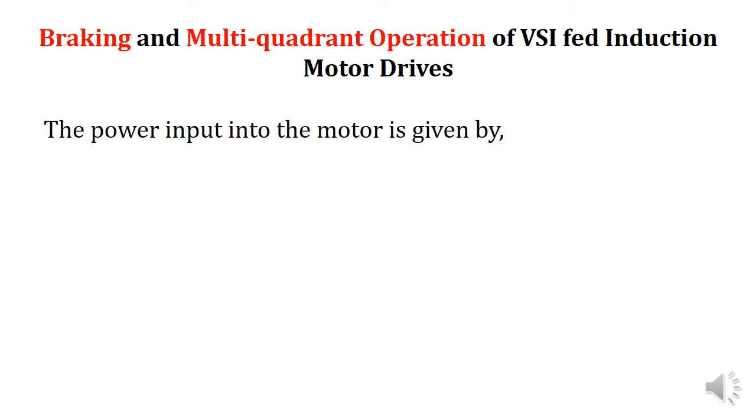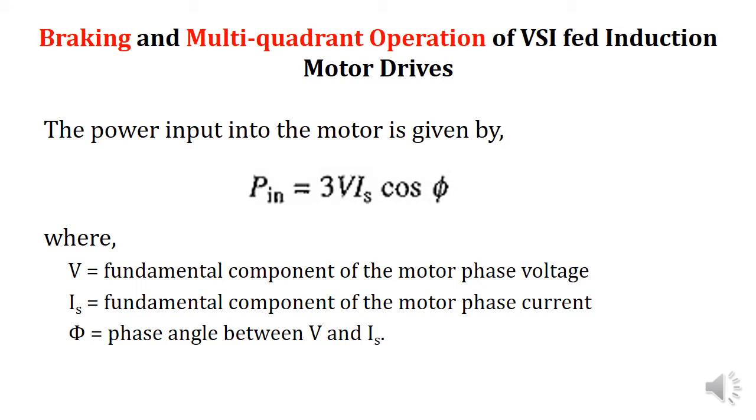The power that is fed into the motor, that is the stator of the induction motor, is equal to Pin equal to 3 V IS cos phi, where V is the fundamental component of the stator input voltage, and IS is the fundamental component of stator current.